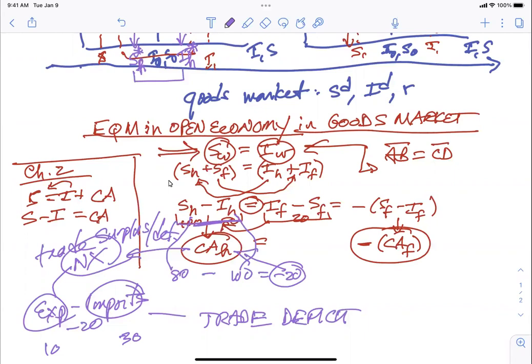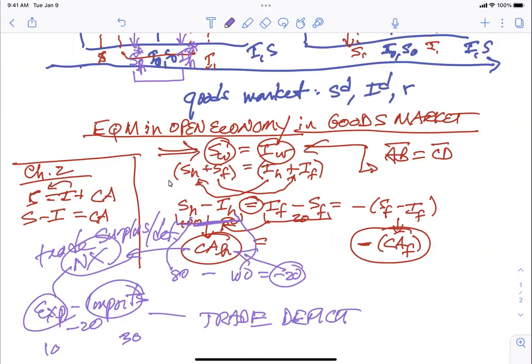So it's not borrowing and lending. That's the financial account, which is the other side of the current account. The current account plus the financial account has to equal 0. Current account equals minus the financial account.